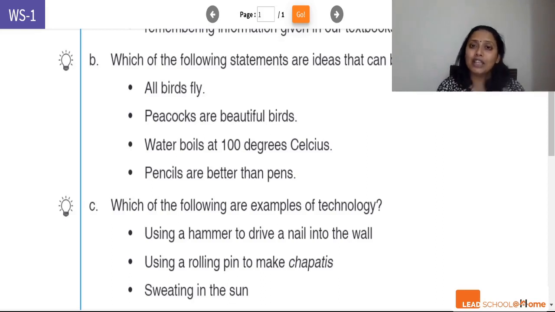Those who are using the soft copy or the downloaded version of the workbook, please write down the answer with the proper question number in your notebook.